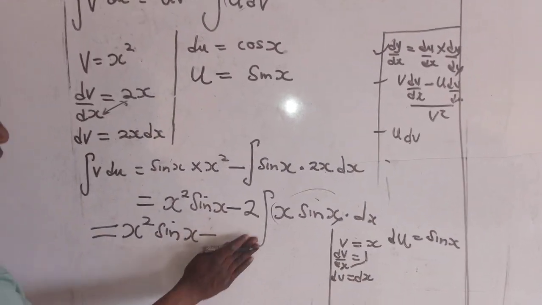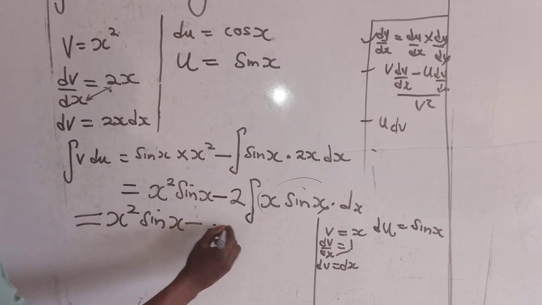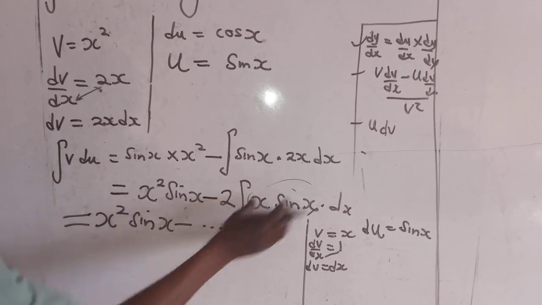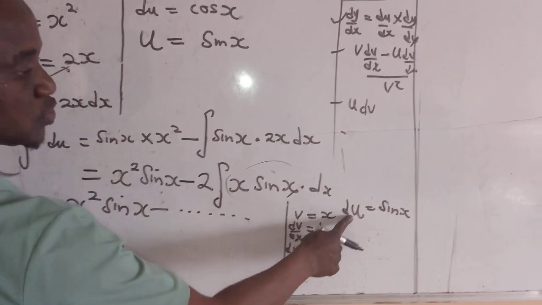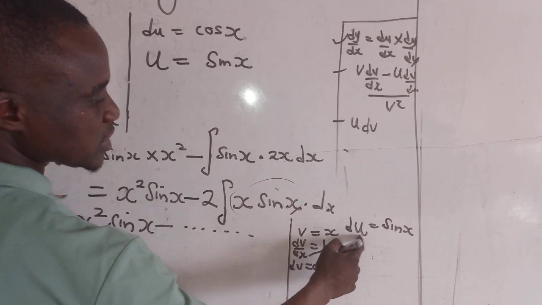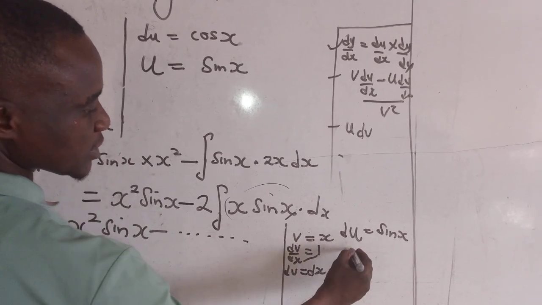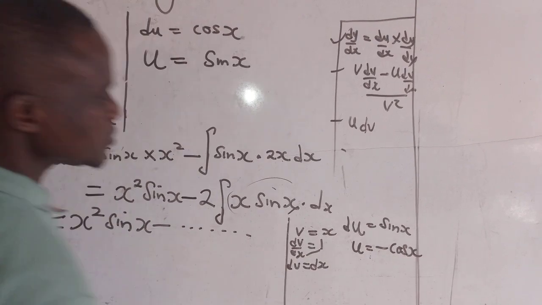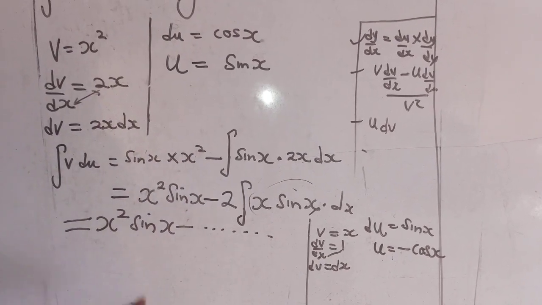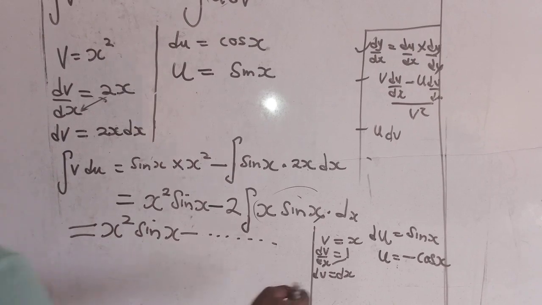Now don't forget that we are looking for the whole of this, and we want to add it to this. Now your du is sine x. If you integrate sine x, u will be equal to minus cos x. You can check the standard integral table for that.